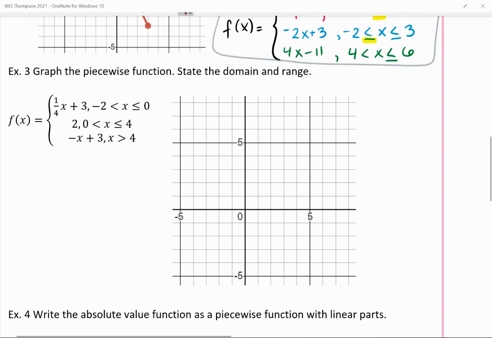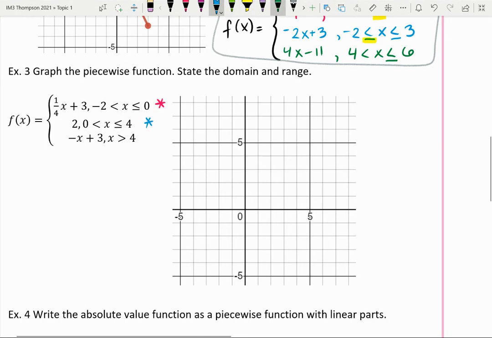Okay. Again, I'm going to color coordinate these, which makes it a little easier when explaining and trying to get people to follow.